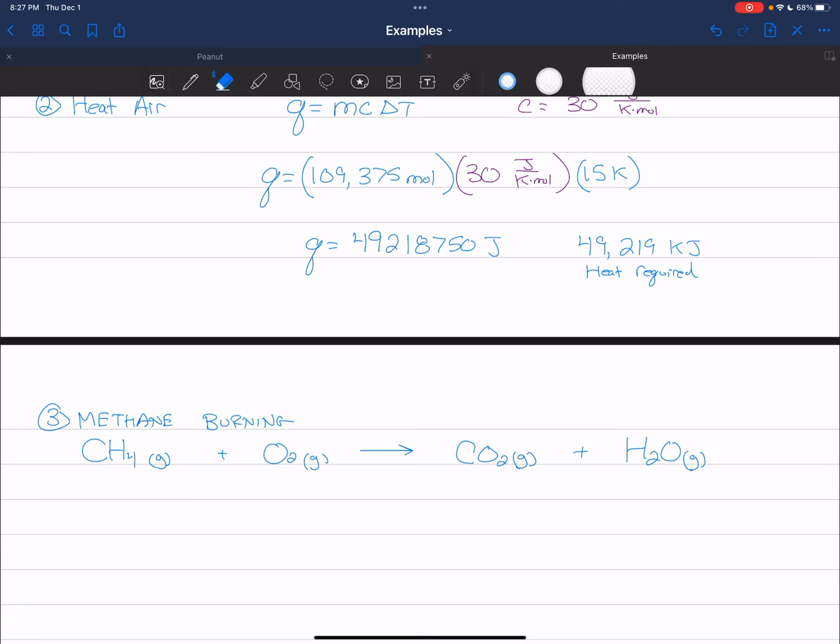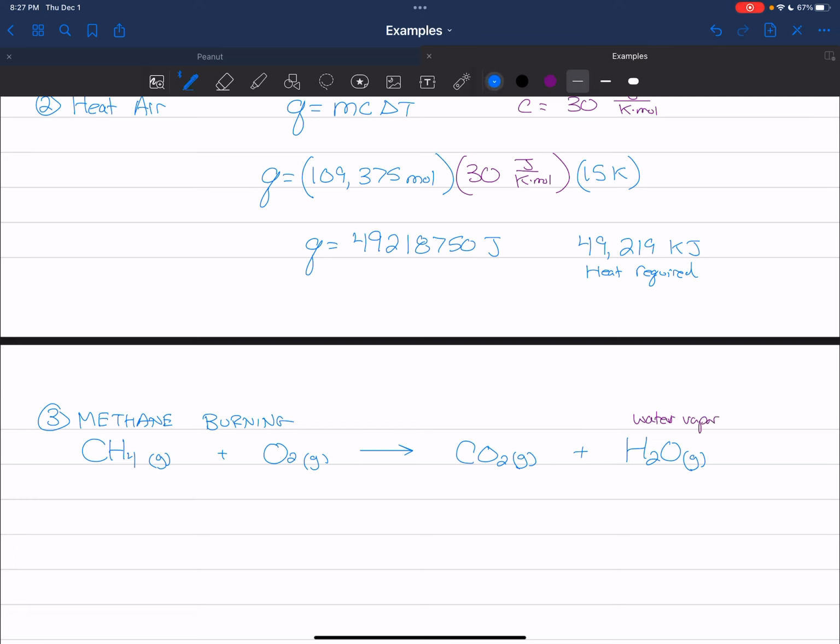Now, we have to use H2O gas here. Use water vapor. All right, so make sure you use the gas. If you use the liquid value here that we're going to get, you're not going to get the right answer.